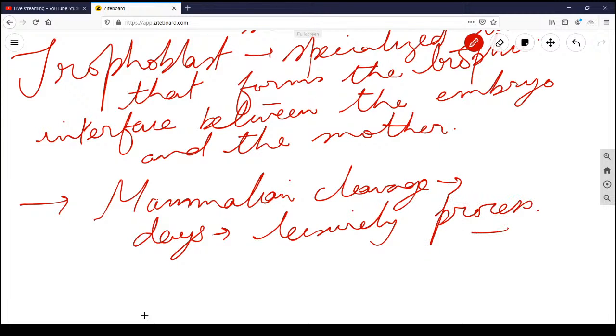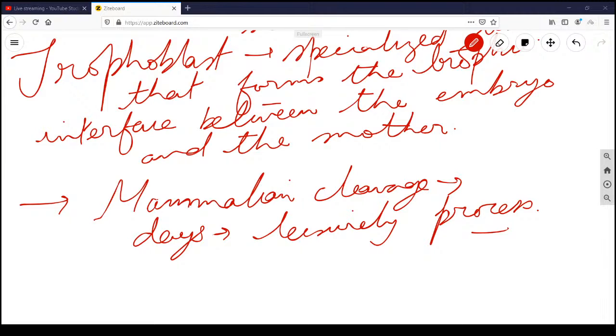The second thing is, development proceeds at the rate of roughly one cleavage division per day for the first 2 days.